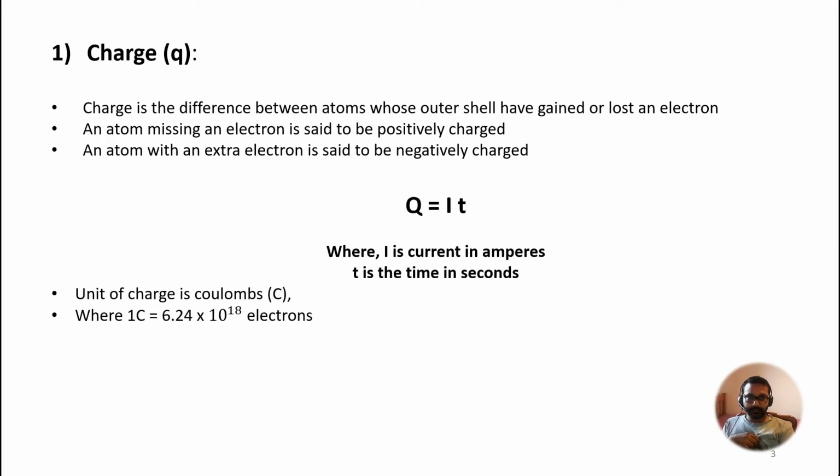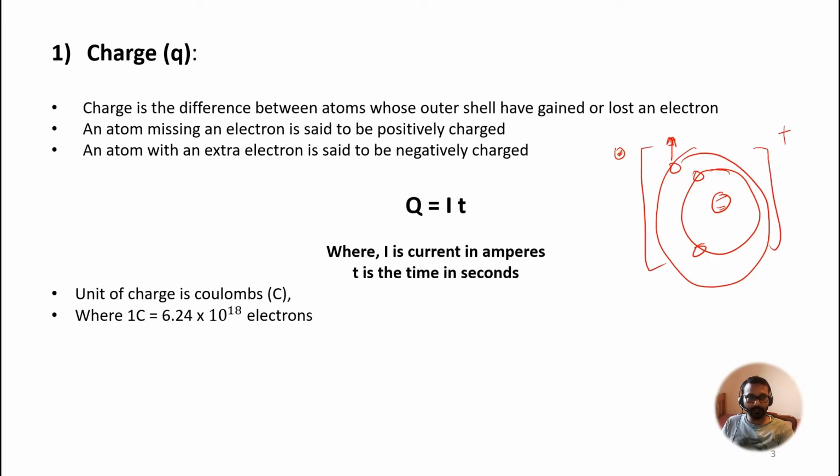So charge is the difference between atoms whose outer shell has either gained or lost an electron. As we have discussed, if you have knocked out one electron from the outermost shell of the atom, it develops a positive charge, right?